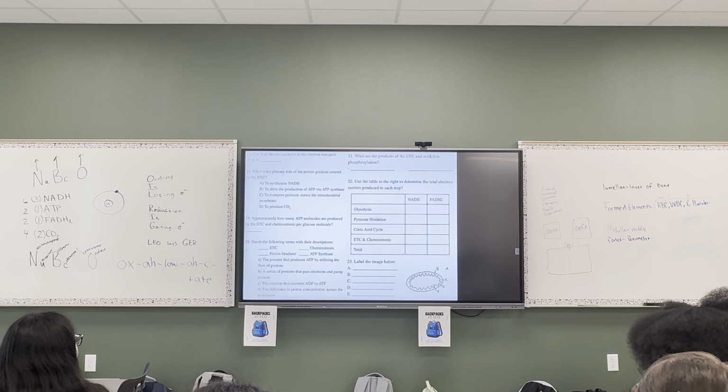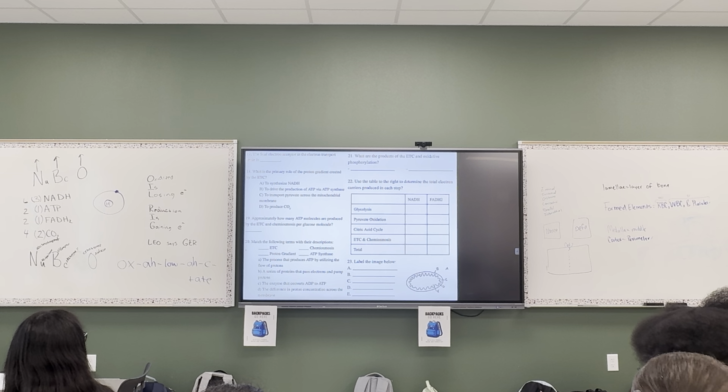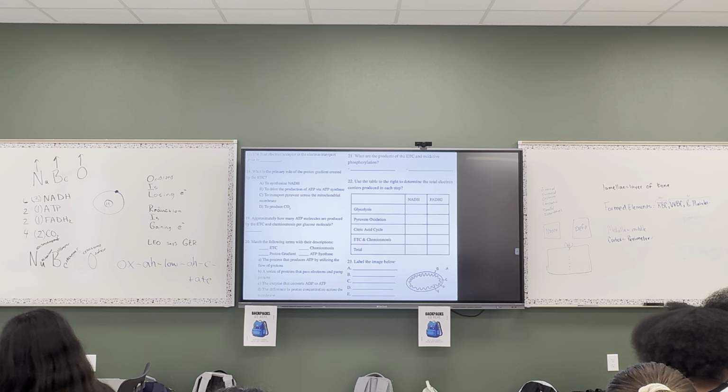Let's do C. C says the enzyme that converts ADP to, so who actually does it? ATP synthase, good. D says the difference in proton concentration across the membrane. Proton gradient.